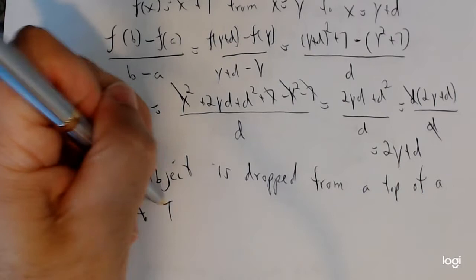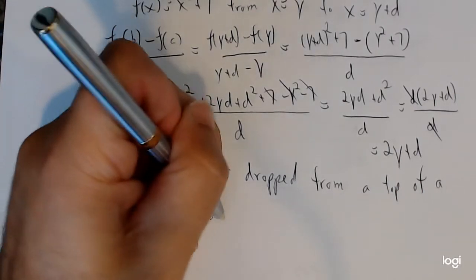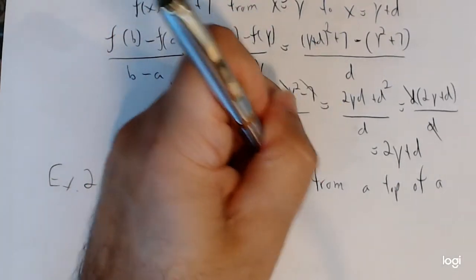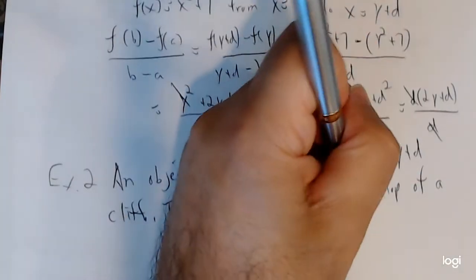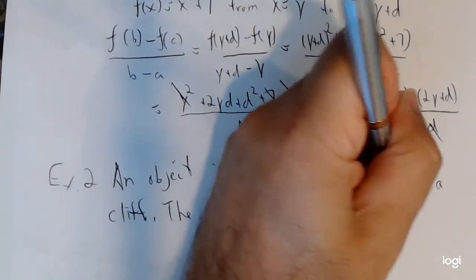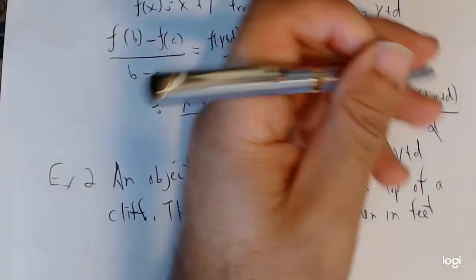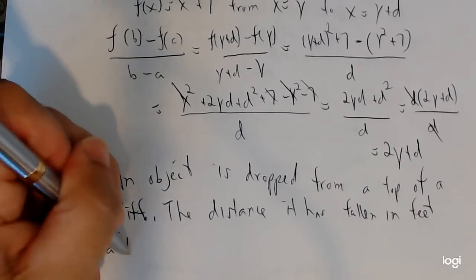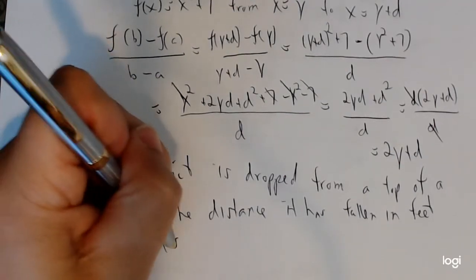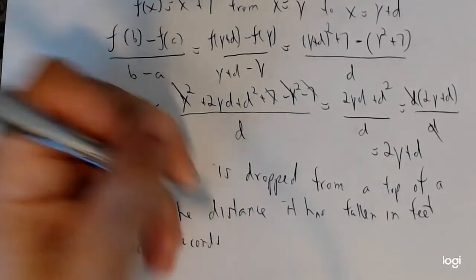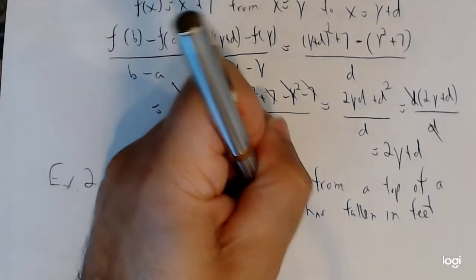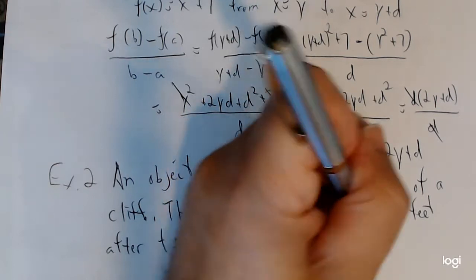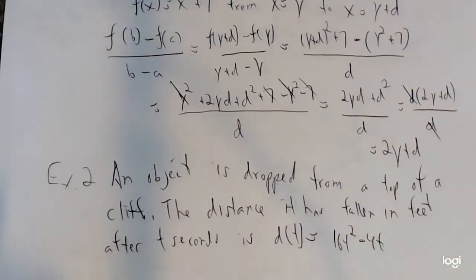The distance it has fallen in feet after t seconds is d of t equals 16t squared minus 4t.